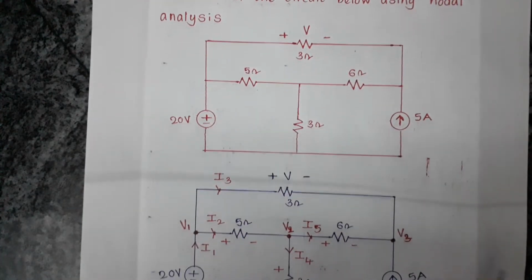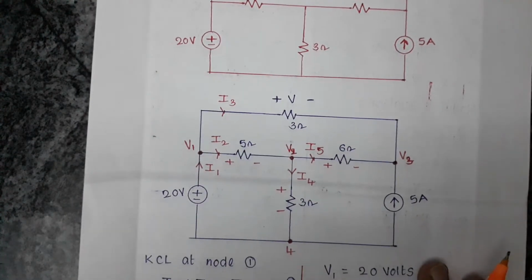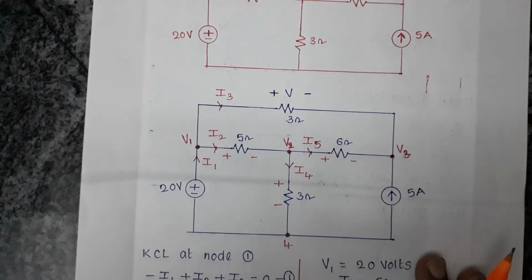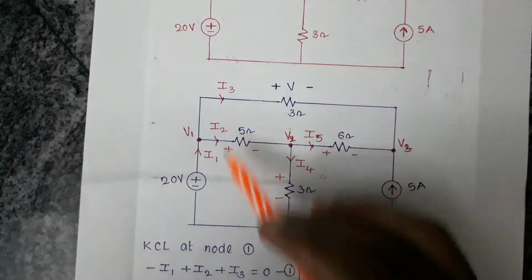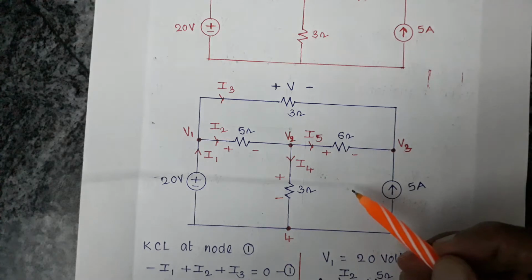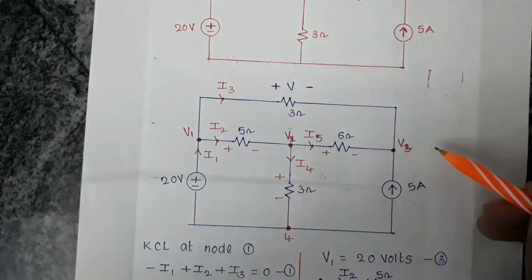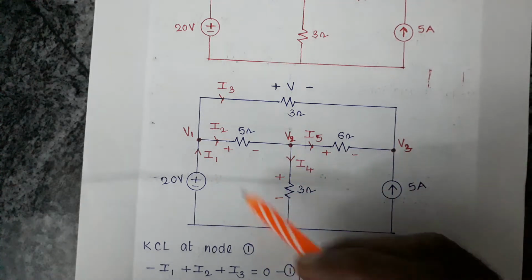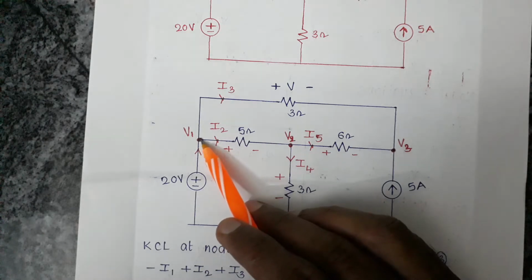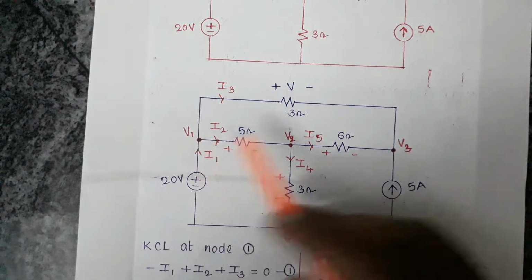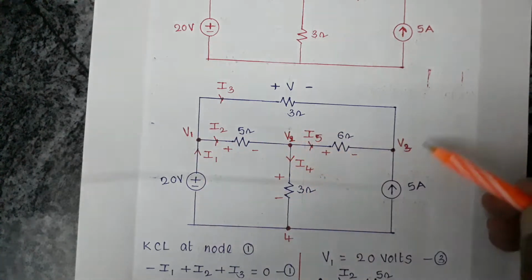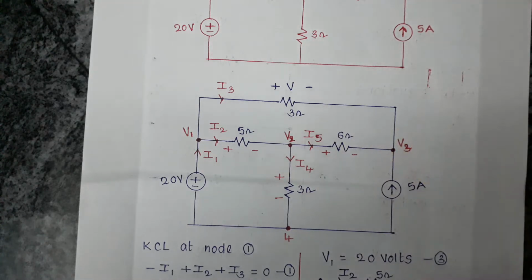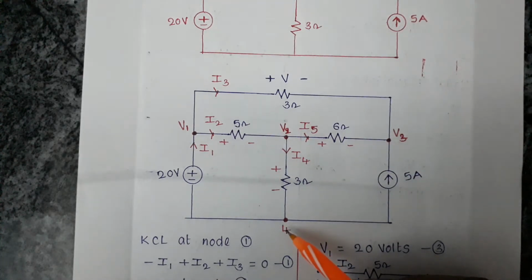Here again, the first step is we have to redraw the circuit diagram given. So this is the circuit diagram given, we have to redraw this, and after that we have to identify the nodes and assign node voltages. So this is the first node, let V1 be the voltage, the second node V2 is the voltage, and the third node V3 is the voltage, and this is the fourth node.